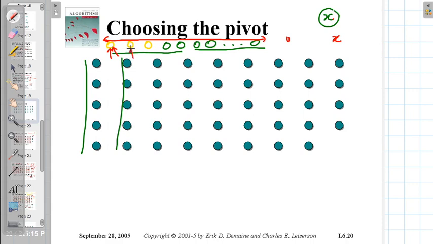If it is greater than x, then it will go there somewhere. In that way, around this x, we divide the whole list into two parts, this part and this part, right?